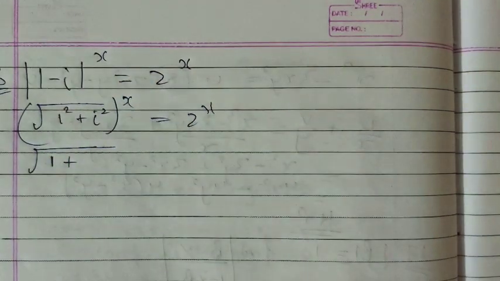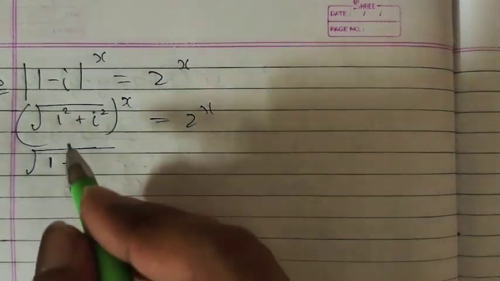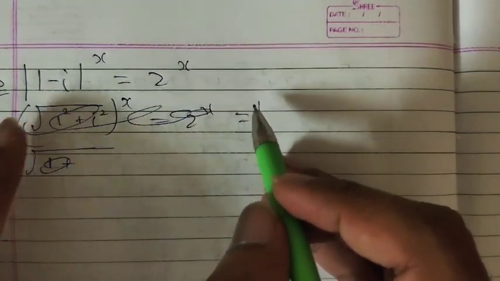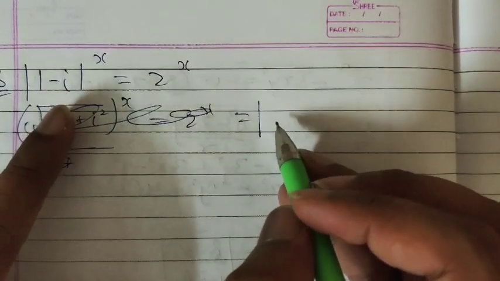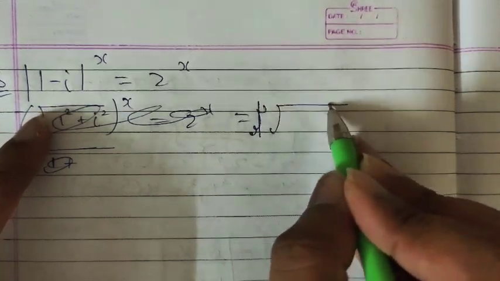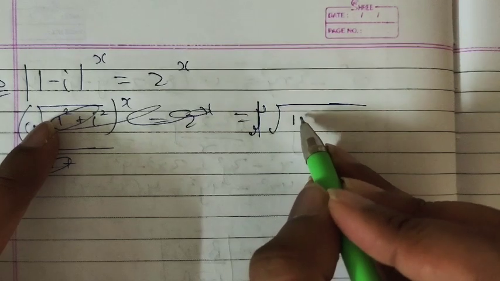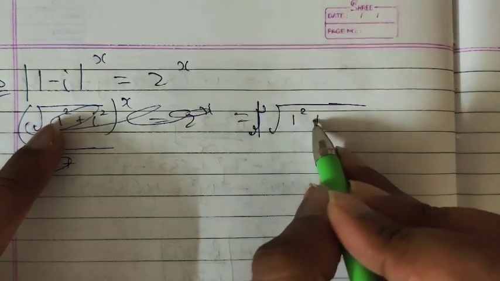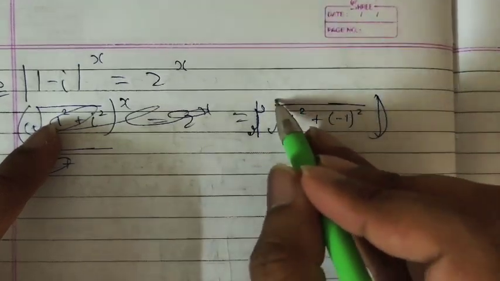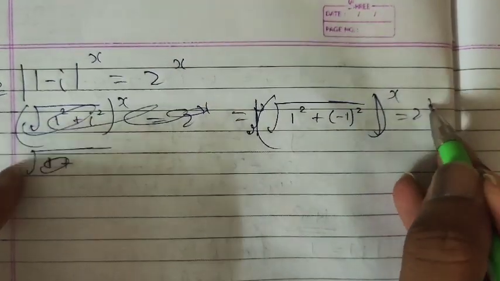Okay, I'm sorry, here I have made a mistake. Let's do it again. So modulus of a plus iota b means square root of a square plus b square. So a square is 1 square, b square is minus 1 whole square, whole power x is equal to 2 raised to power x.